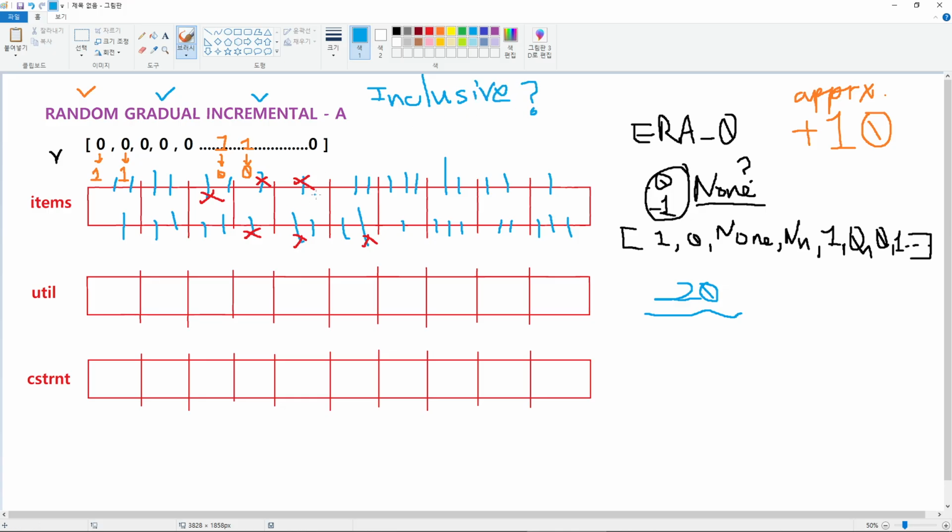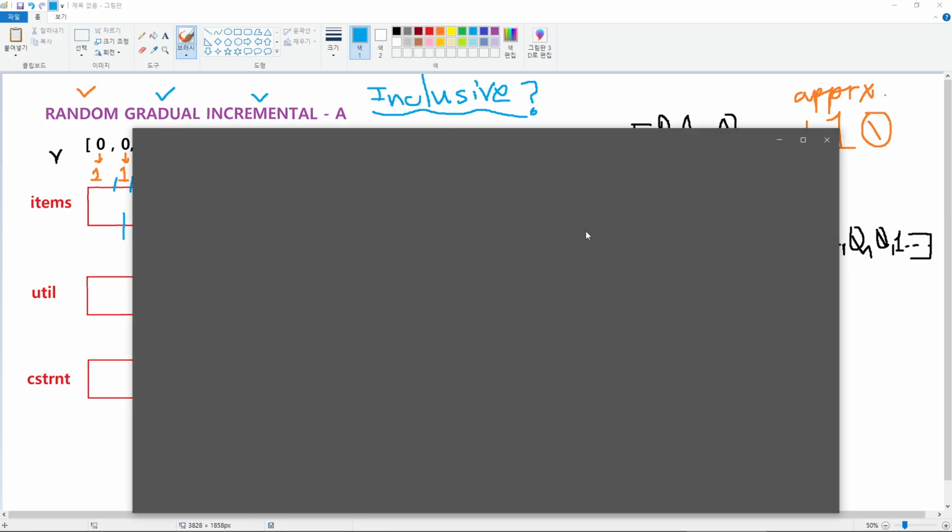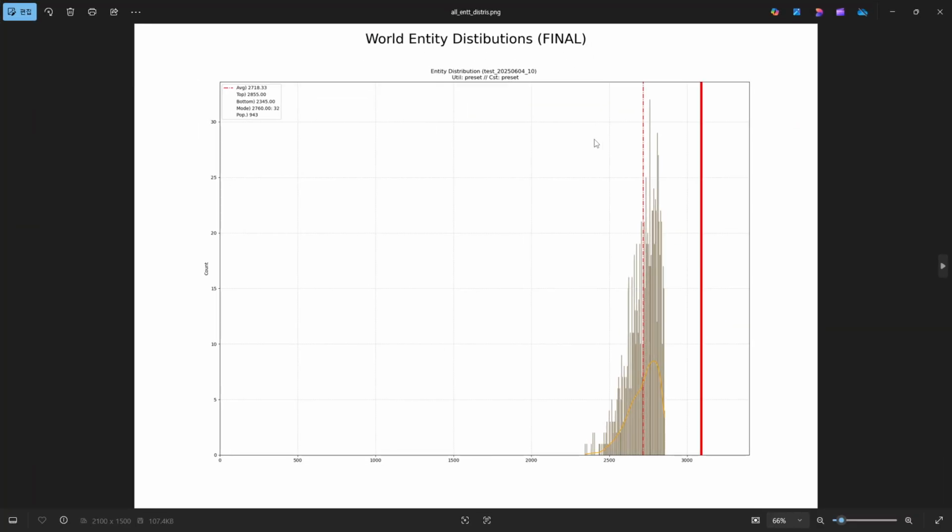It was not used because I cancelled out some genes, so it's not really inclusive. So when I do that, this one, random, gradual, incremental, type A, here's what the distribution looks like for the final era.